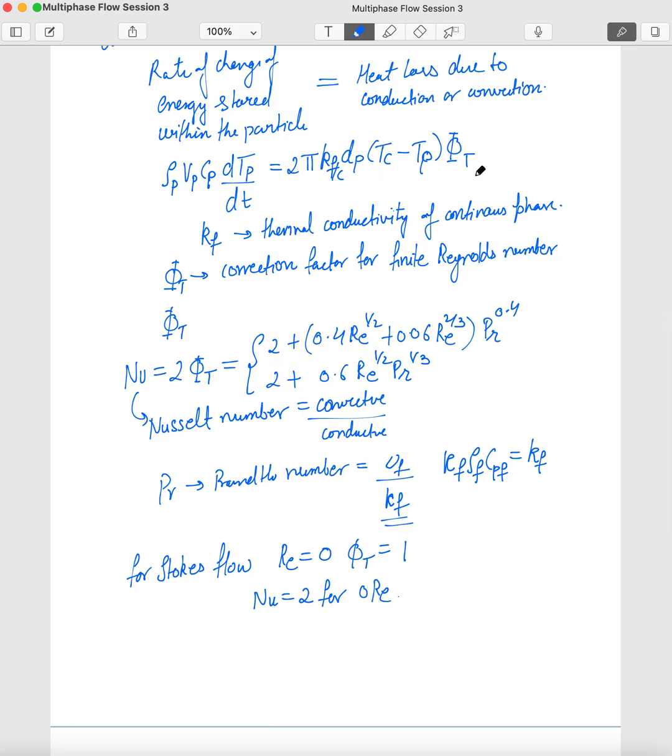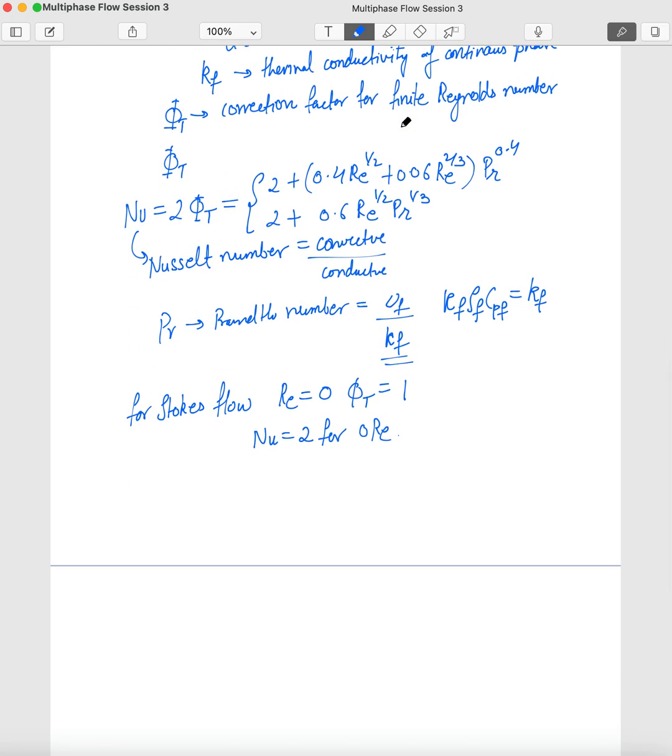Basically we are assuming that whatever the loss is, it is attributed to the thermal conduction. Okay, that is the conduction term.